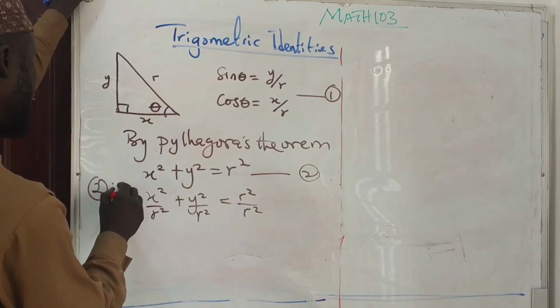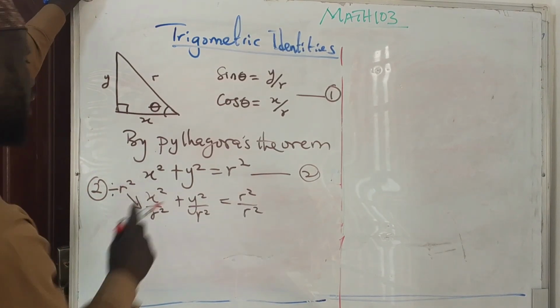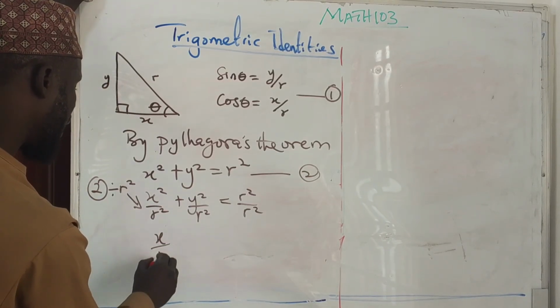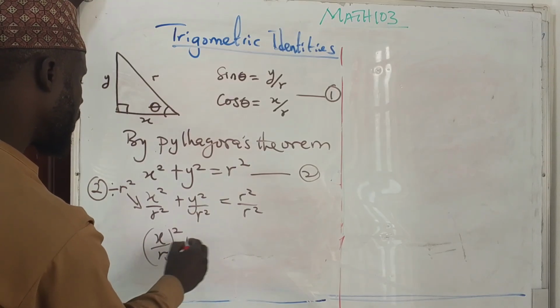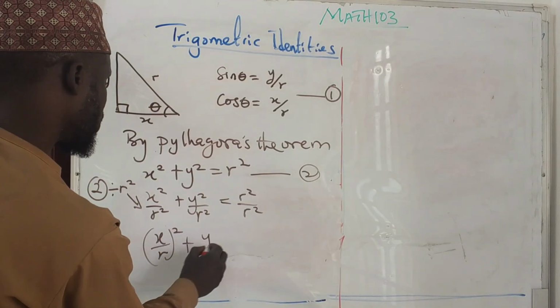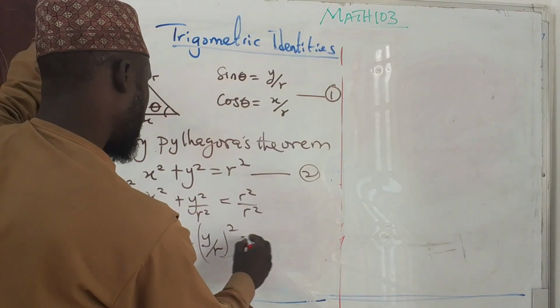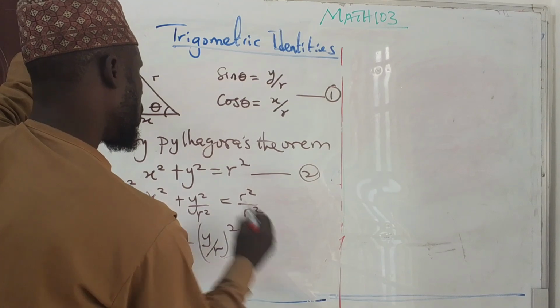This becomes x over r, all squared, plus y over r, all squared, according to the law of indices, and this is r squared over r squared, but the answer is equal to 1.